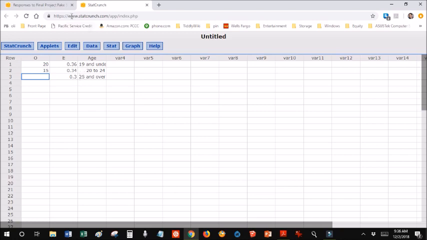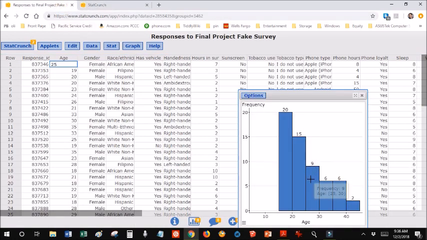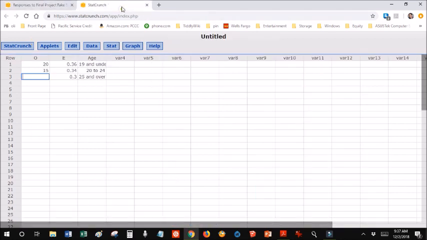And 25 and over, starting at 25 and higher, I had 9 people, 6 people, 6 people and 2 people. 9 plus 6 plus 6 plus 2, that's 15, 21, 23. So I had 23 people.